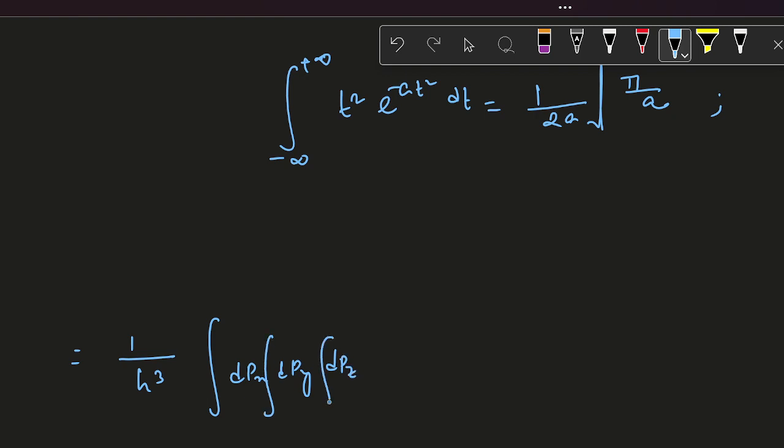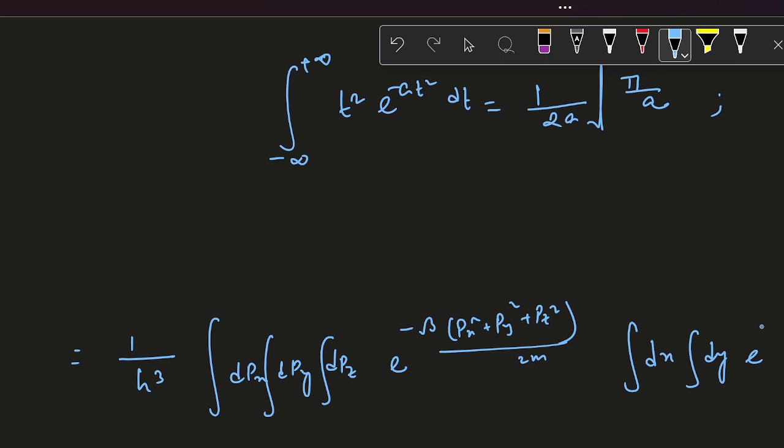Sometimes I may miss out the integral sign, but you just have to understand that the integral is there, because you have this dp element still present. So all the terms are separated: px squared plus py squared plus pz squared by twice m. The dx dy parts are also separated with their x and y dependences.